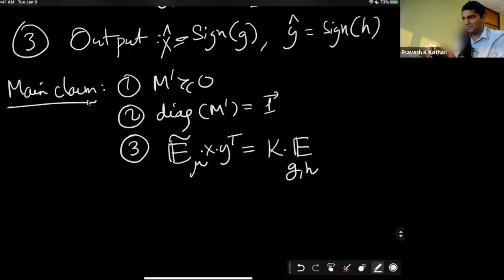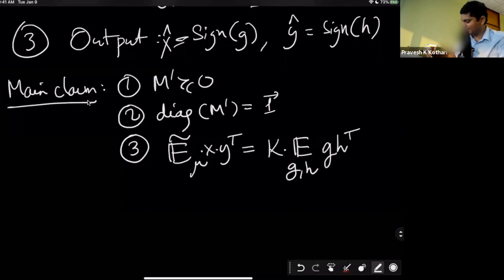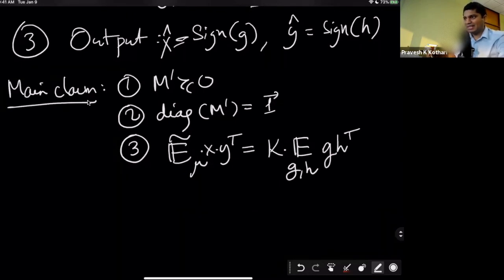This is not going to be the right thing; I'm going to modify it in a second. But if I just wanted the matrix M prime to satisfy this, then M prime should in fact have been M. If I didn't modify M, and I chose G comma H as Gaussians with M as the covariance, then I get this equality for free, in fact with K equals 1. But that's not what I'm asking for.